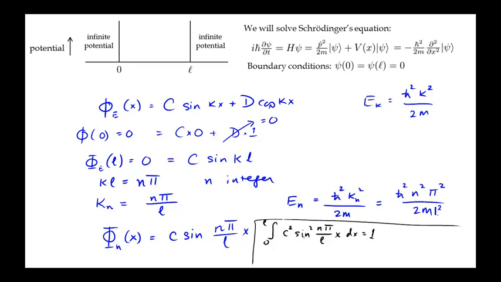And of course, if you add in cosine squared to this, you would get the integral is c squared L, and that's over 2. So c squared must be 2 over L, or c equal to square root 2 over L. Right, so you can replace this c by square root 2 over L, so the wave function is square root 2 over L times this, and that's the energy.